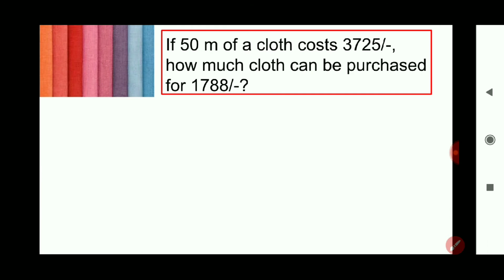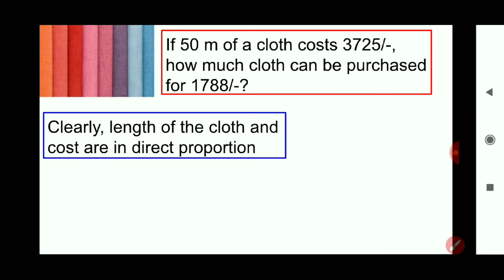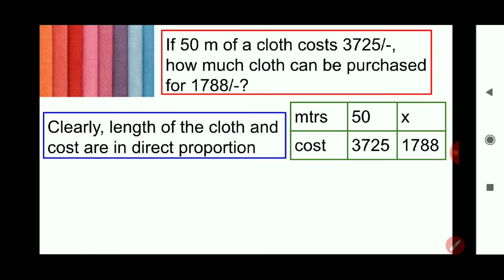One more question. If 50 meters of cloth costs 3,725 rupees, how much cloth can be purchased for 1,788 rupees? Clearly, length of the cloth and cost are in direct proportion. So, 50 meters cost 3,725 rupees. x meters cost 1,788 rupees.